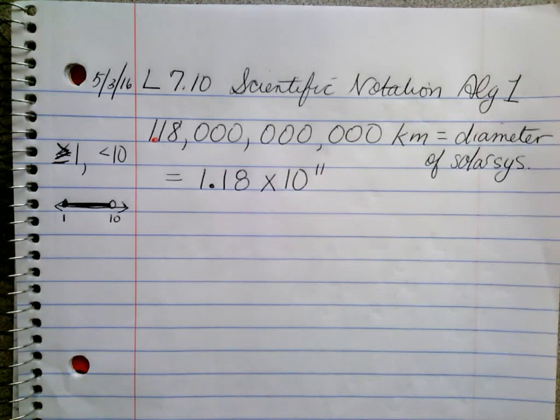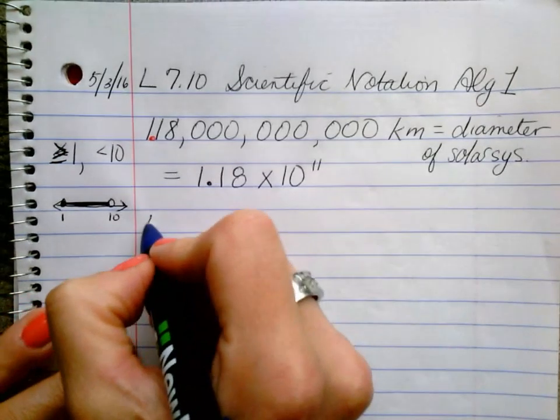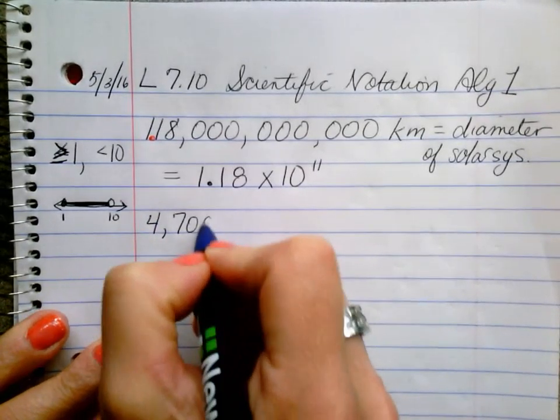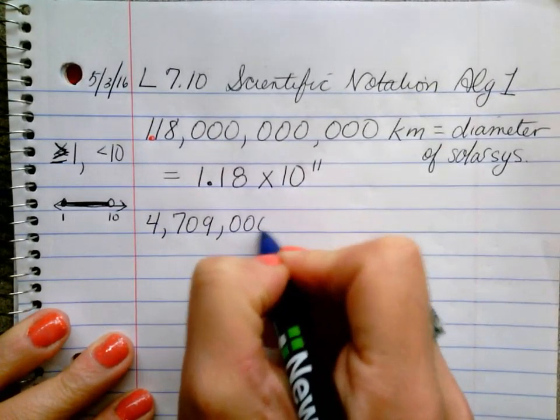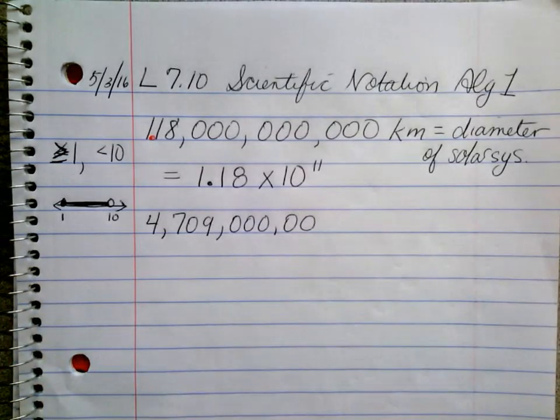They give you another example, 4,709,000,000. I don't know what it represents, but it's a big number. Where would I insert the decimal to create a number greater than or equal to 1 but less than 10, Grace?